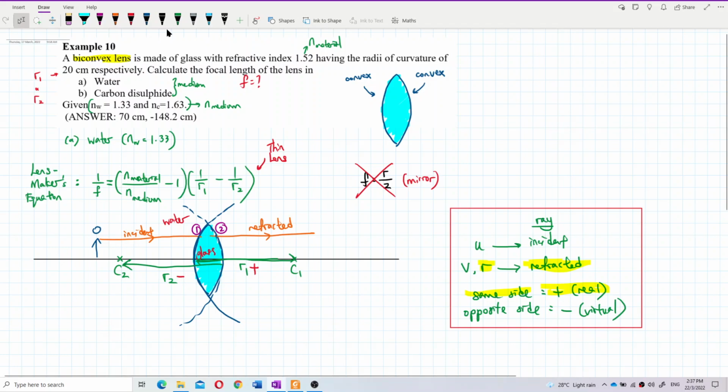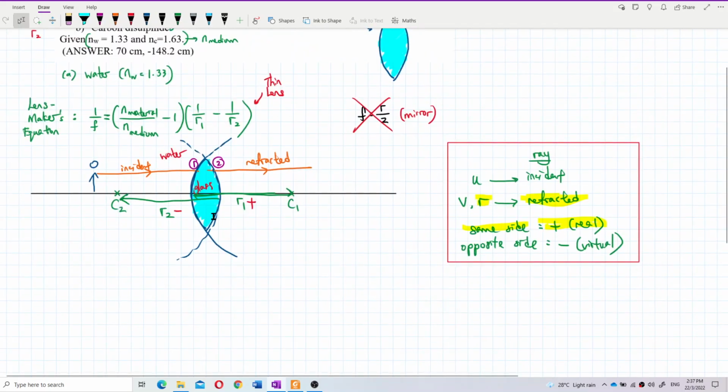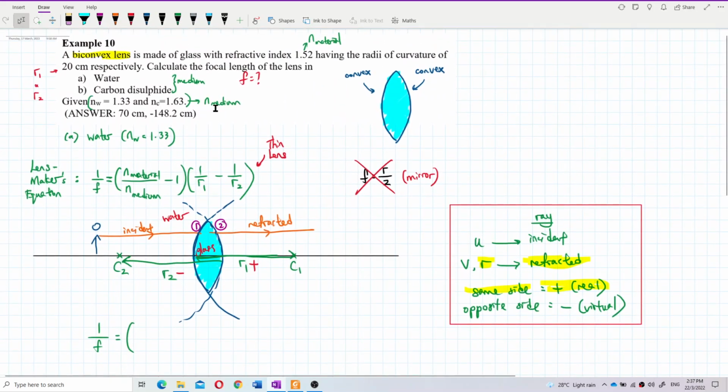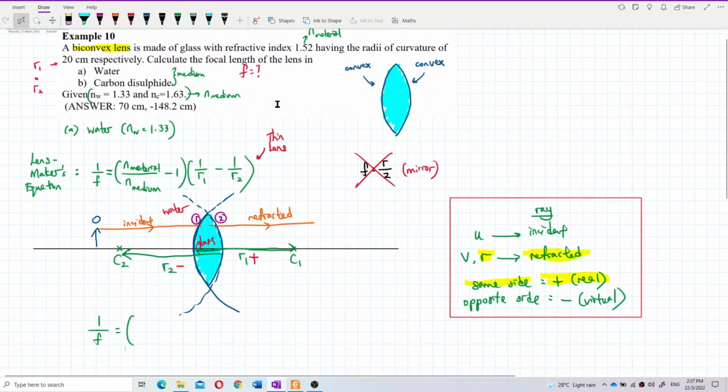That's the way you need to write. Okay, now write down the refractive index of the material, which is 1.52. That means the material is the glass lens, and the medium is the water.